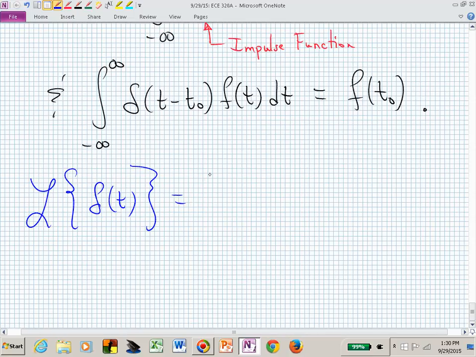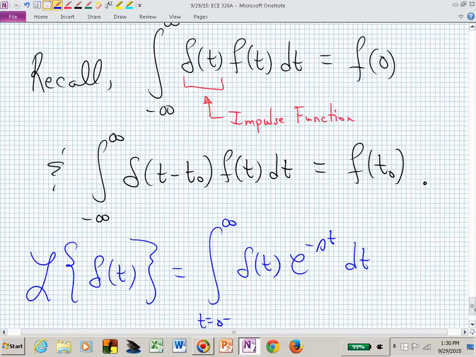And by definition, that says we integrate from t equals 0 minus to infinity of the function that we want to find its Laplace transform, and that's delta of t. And we scale it by e to the minus st dt.